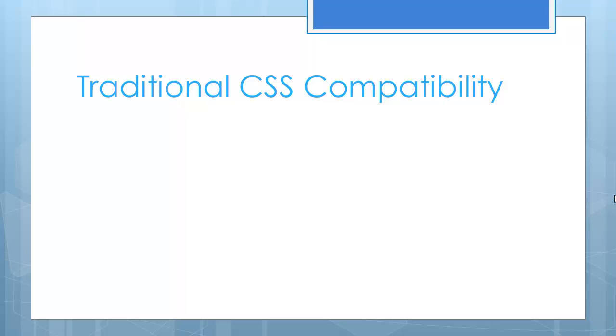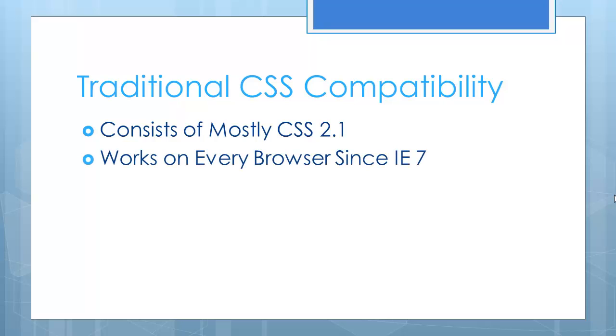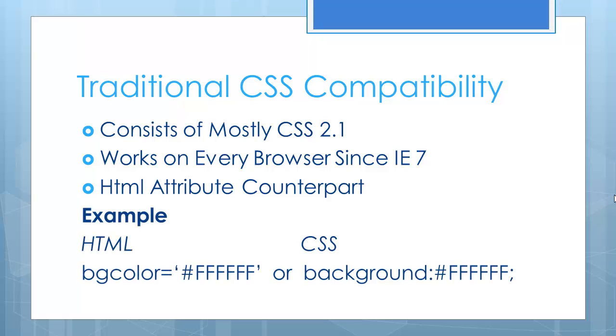Now, saying that, traditional CSS compatibility is really good. It consists of mostly CSS 2.1, which means it works on every browser. Well, at least since IE7. I'm saying that CSS 2.1 or traditional CSS is just a counterpart to HTML attributes.